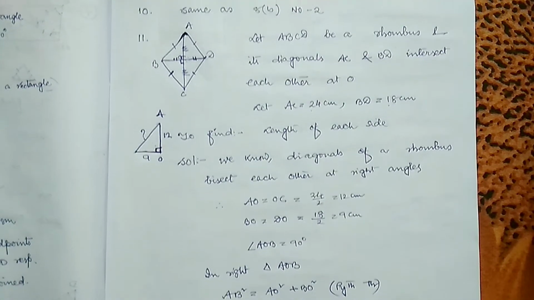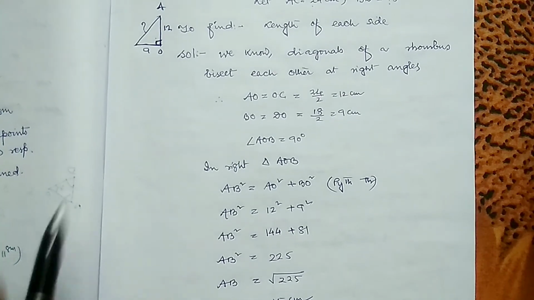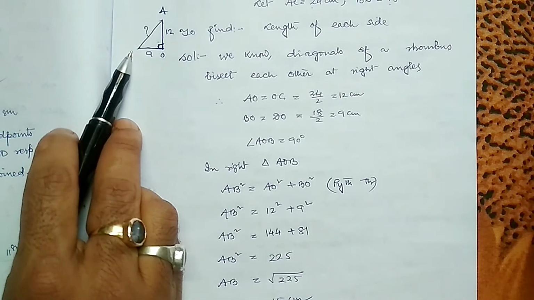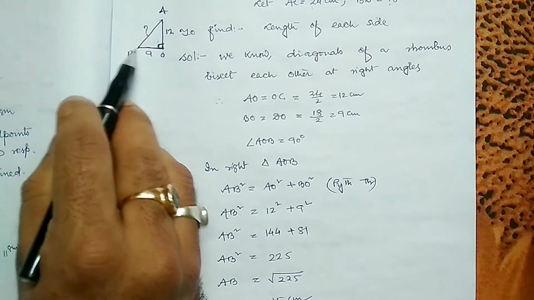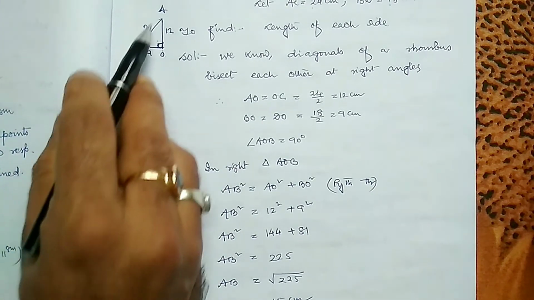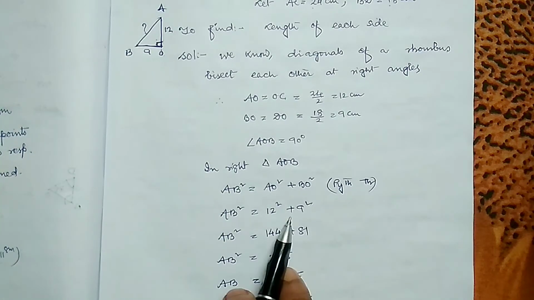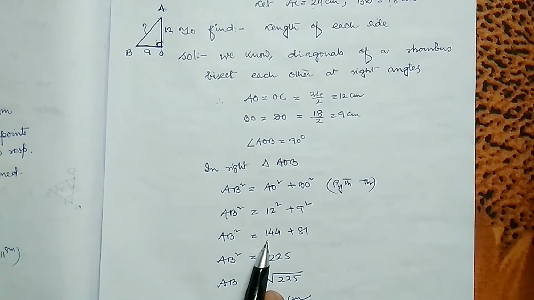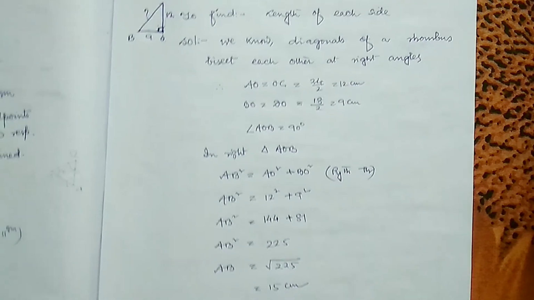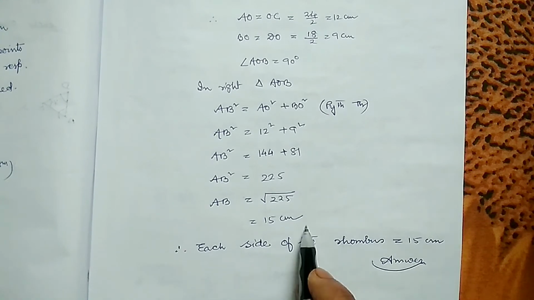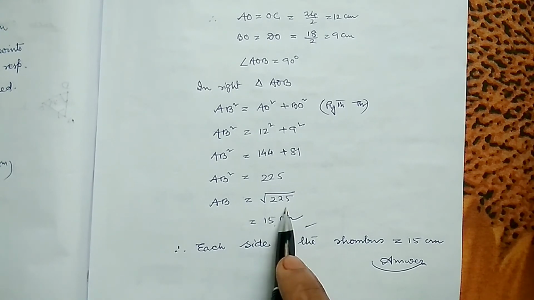So we have to use Pythagoras theorem. In triangle AOB, AB square will be AO square plus BO square. So AB square is 12 square plus 9 square. What is 12 square? 144. 9 square is 81. If I add, I get 225. So AB square is 225. AB will be root over 225, that is 15, because 15 into 15 is 225.